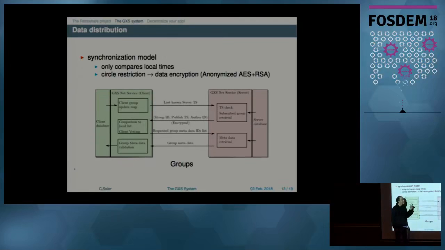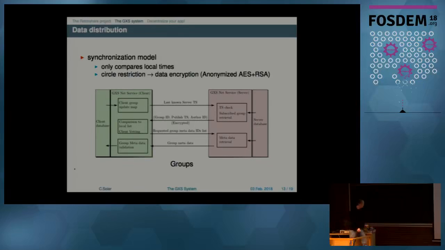Doing so, we only compare the times that have been issued from that machine. We never compare times between different machines. If the server realizes that its data is new, then it will send the list of new groups, with the published timestamp of each group, to which the client will ask for the list of groups it wants an update of, and then get the group data. It's pretty much the same for messages, so I won't detail it.